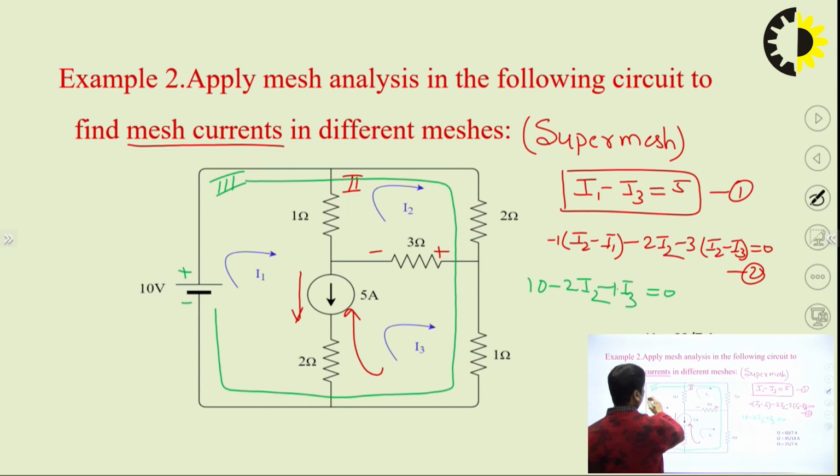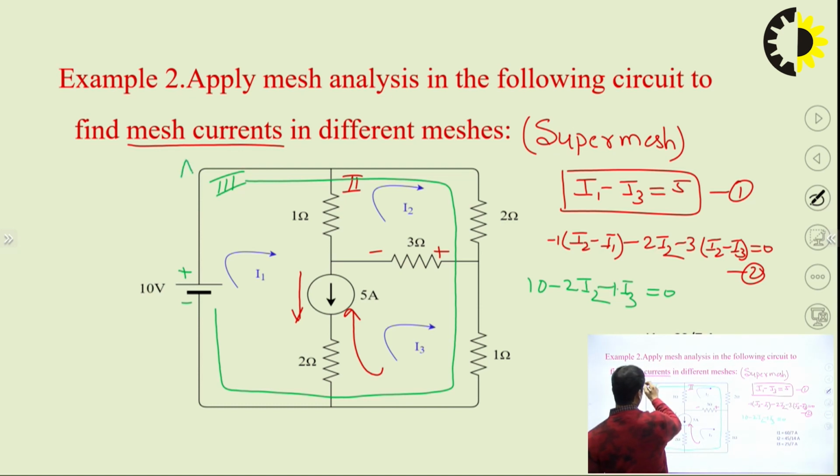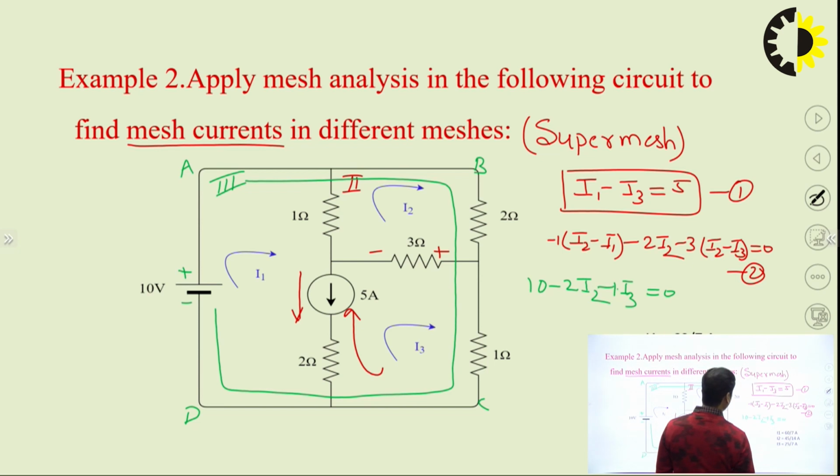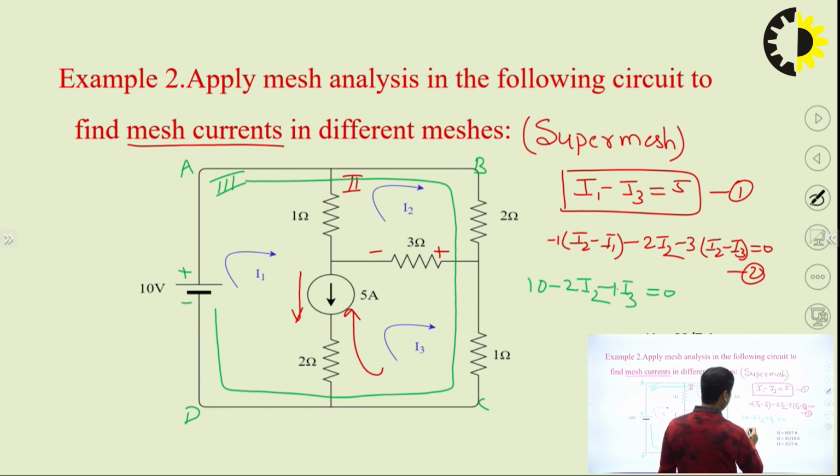Suppose the loop is A, B, C, D. So in this A, B, C, D we have 10 minus 2 I2 minus I3 is equal to 0. So that is 2 I2 plus I3 equal to 10. Name it equation number 3.